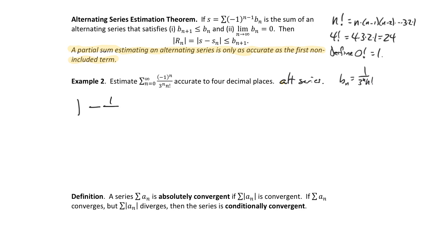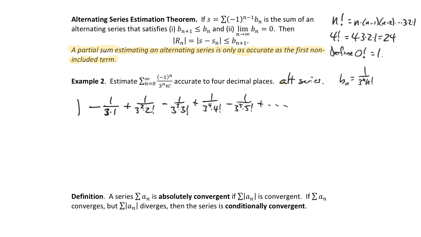And then in the denominator, we'll have 3 to the first, which is 3, times 1 factorial, which I'll just say is 1. When n is 2, negative 1 squared is plus, so we'll have 1 over 3 squared times 2 factorial. And now you can see the pattern, I think: minus 1 over 3 cubed times 3 factorial, plus 1 over 3 to the 4th times 4 factorial, minus 1 over 3 to the 5th times 5 factorial, and so forth.